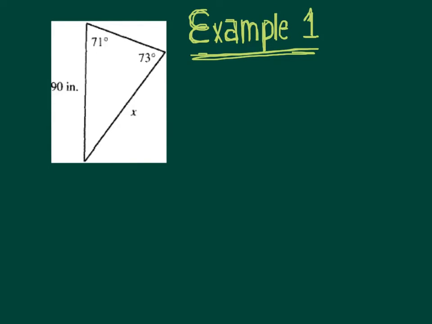Alright, so here we have a first example with a definitely not right triangle. We've got an angle of 71, 73. We could find the last angle, but we really don't need to. The first thing we should do is label our sides and angles. It really doesn't matter which angle we call A, as long as the side across from it is little a.